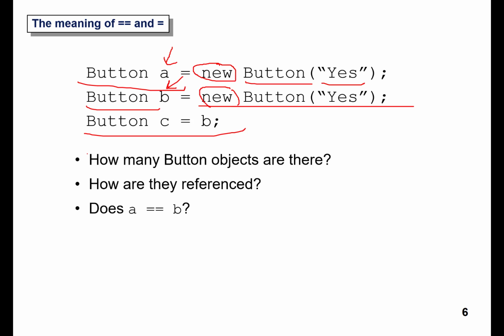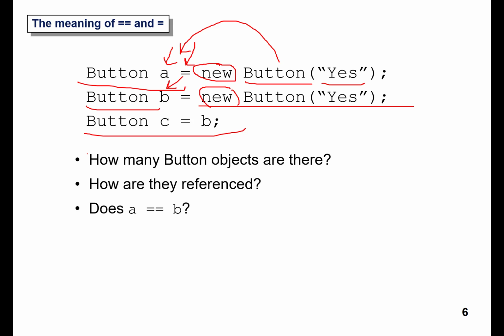Now, does A equal B? So double equals here is a comparison operator. Whereas the equal sign is used for assignment, if you have a single equal sign, we're assigning an object to a reference, meaning we're storing the address of the object within this reference.